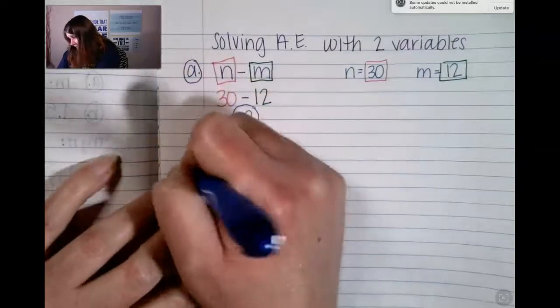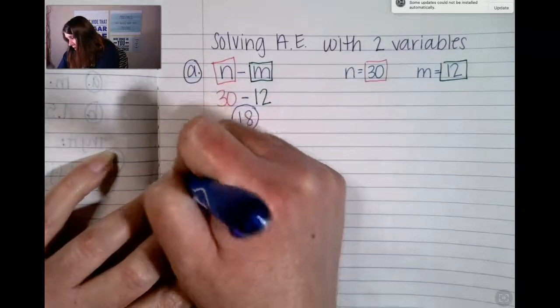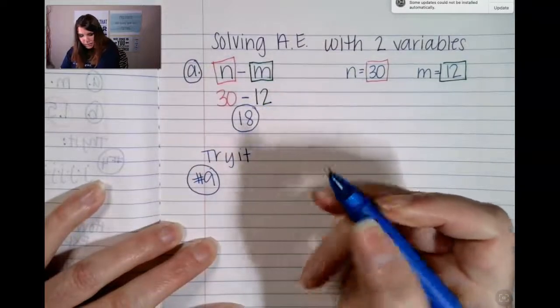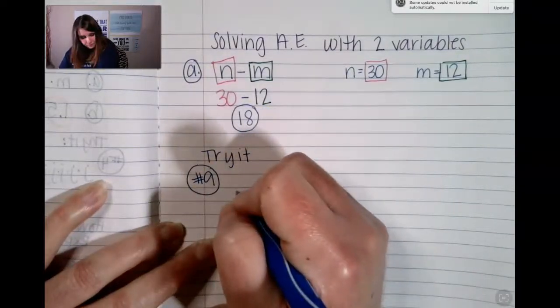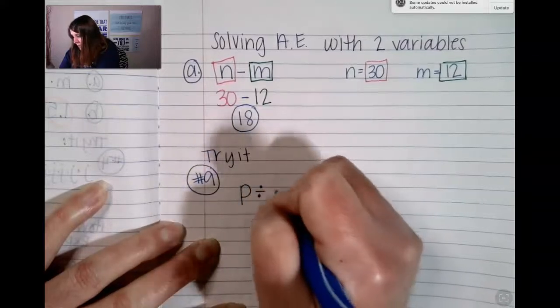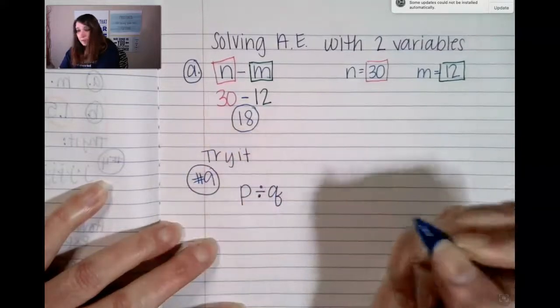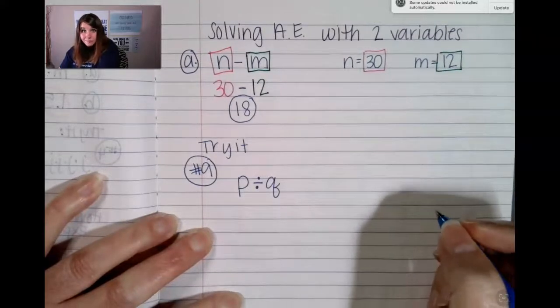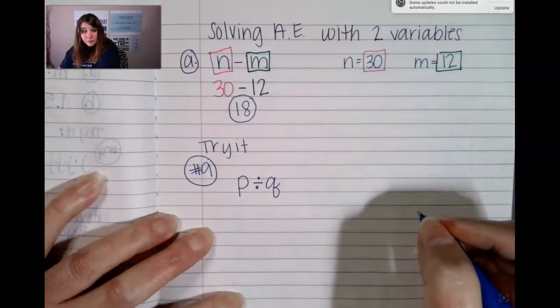All right, this is try it number 9. Are you ready? Try it number 9. It says P divided by Q. P divided by Q. Yep, you're dividing letters now. Congratulations.